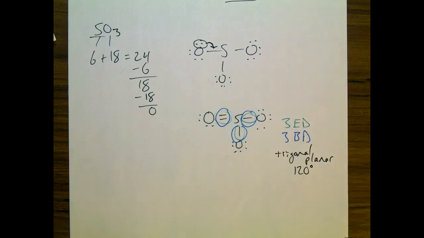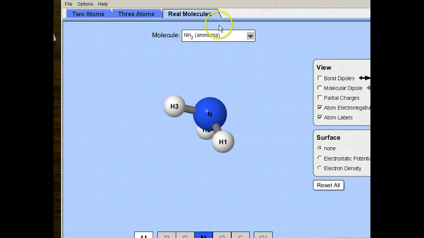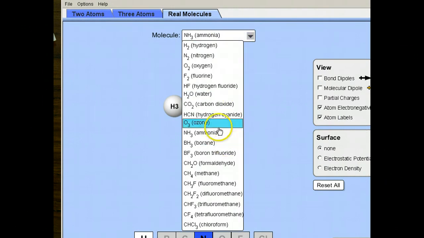And let's take a look at it in 3-dimensional space. If I go to my polarity simulation, I can pick a molecule that's trigonal planar, like BF3. BF3 is trigonal planar.